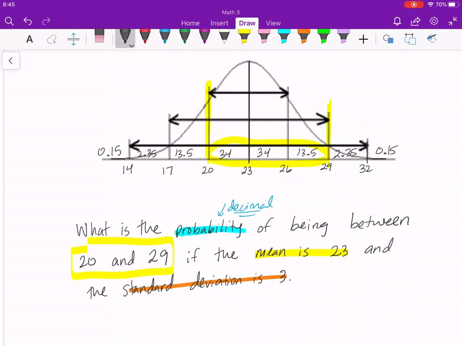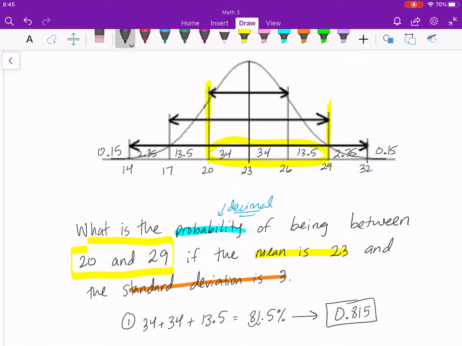So for this first problem, I'm going to go ahead and add 34 plus 34 and then add that to 13.5. Now I get 81.5%, but remember this is a probability. So the decimal would be, you just move this decimal place over twice, so it's 0.815. And that would be your answer.